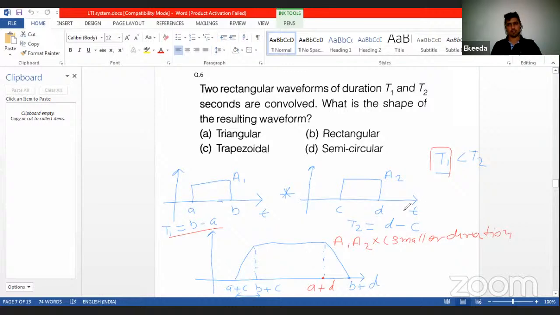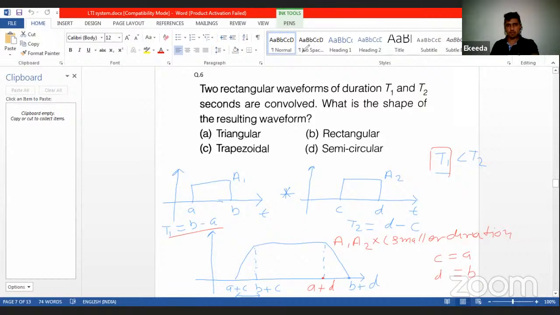And when the duration is equal, in that case, it will be a triangular shape, because this will come here and this will come here. Suppose C is equal to A and D is equal to B.